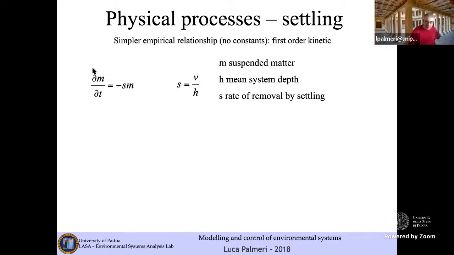So we write a first order kinetic, in which the constant S, or the rate of removal by settling, is made equal, of course, to the settling speed of a particle, as we have calculated, or we may measure, divided by the mean depth of the system.